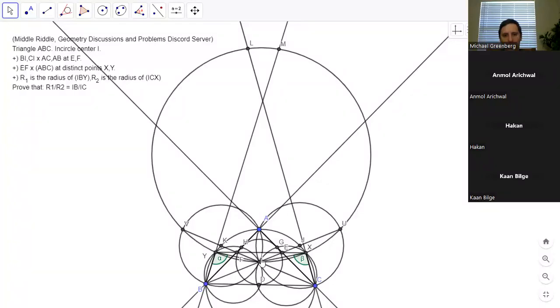Then ultimately we want to show angle BYI is CXI, and that's the same as showing that angle MYI is LXI. So I'm trying to do something with that.